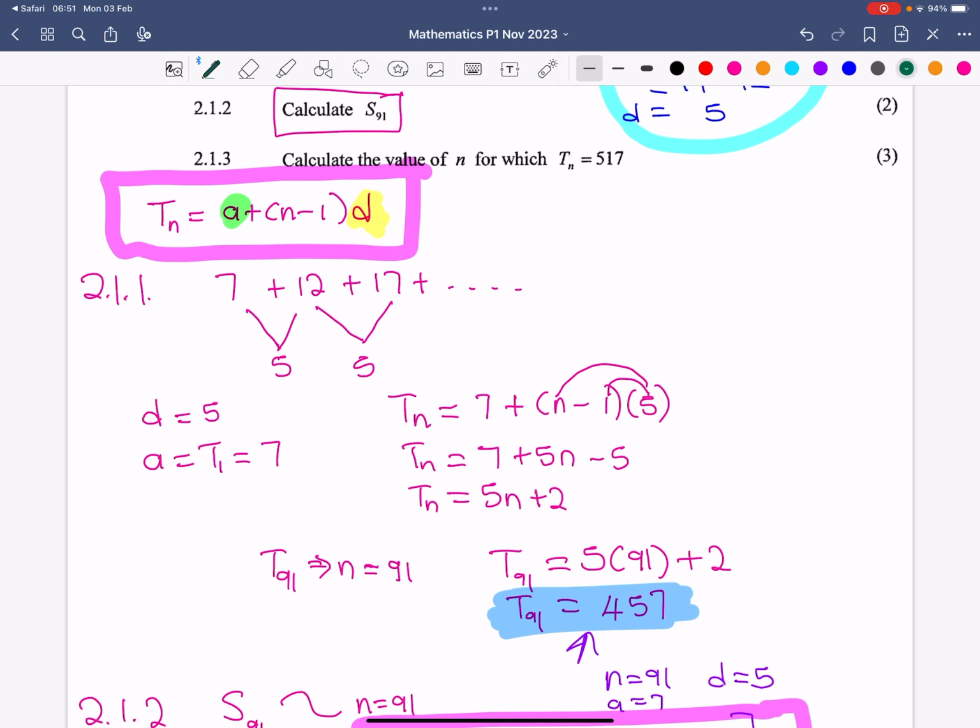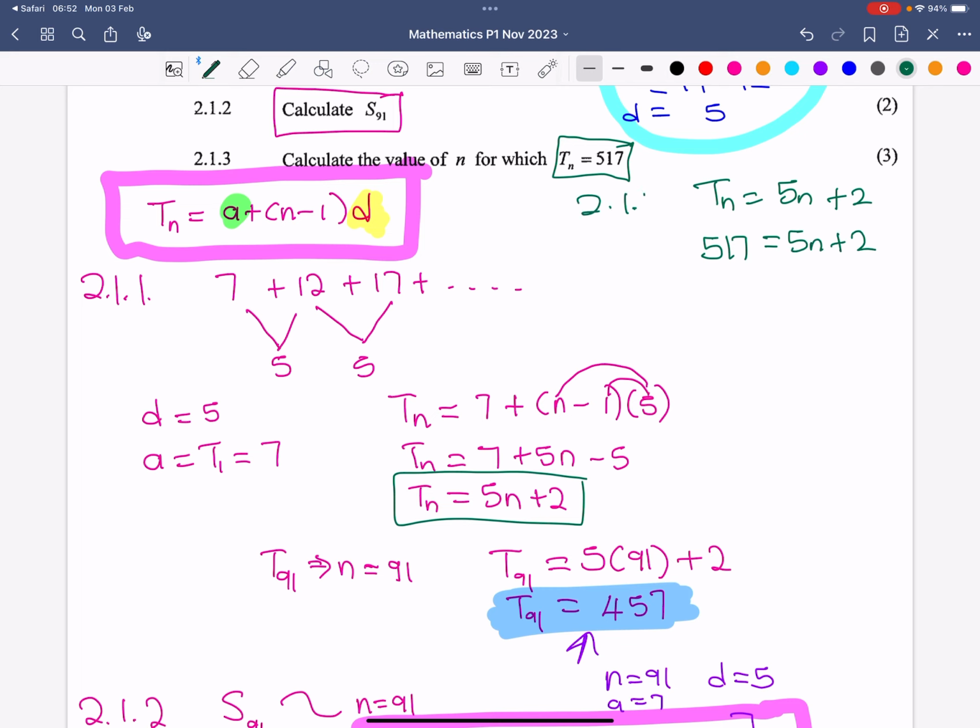We already know our Tn that we calculated, Tn is equals to 5n plus 2. So 5n plus 2 is equals to 517, and we want to calculate the value of n.